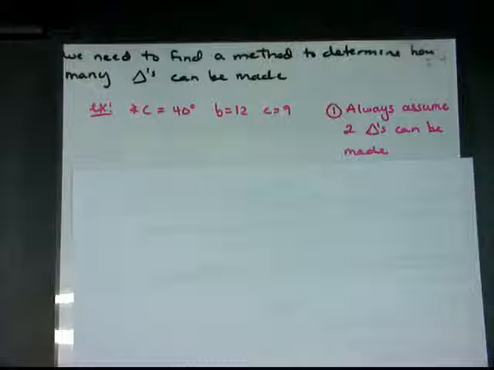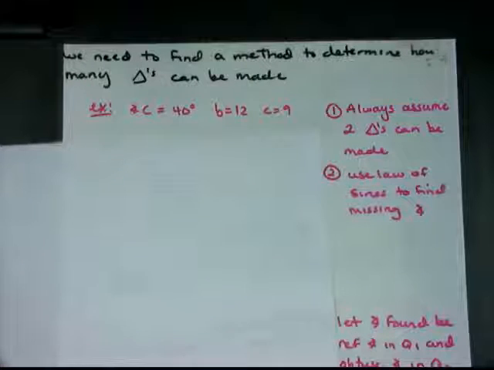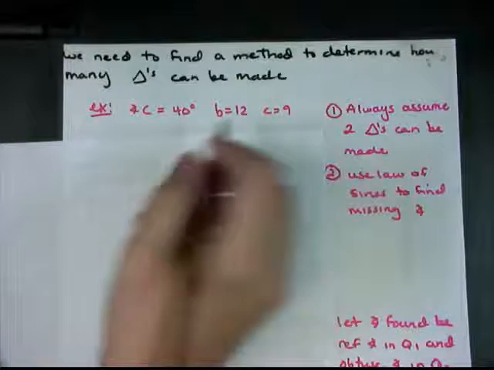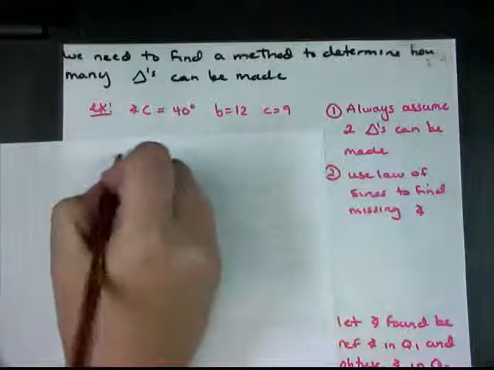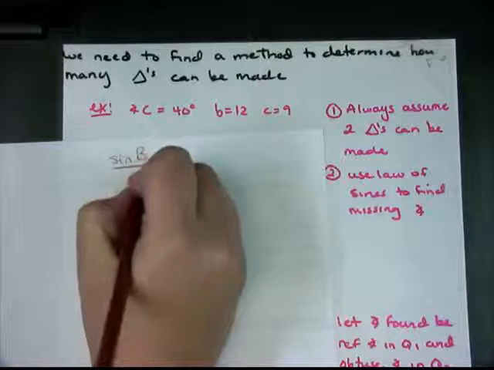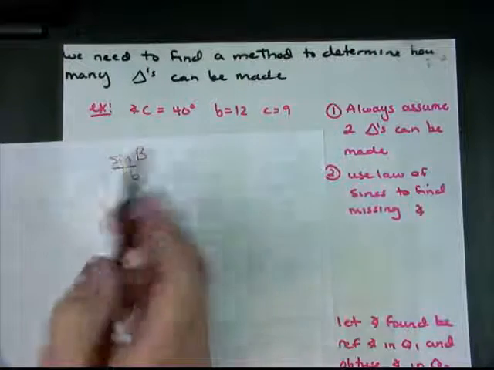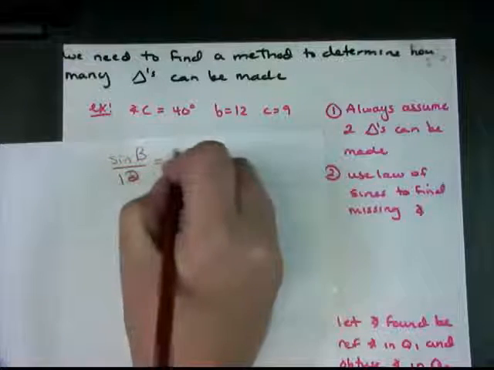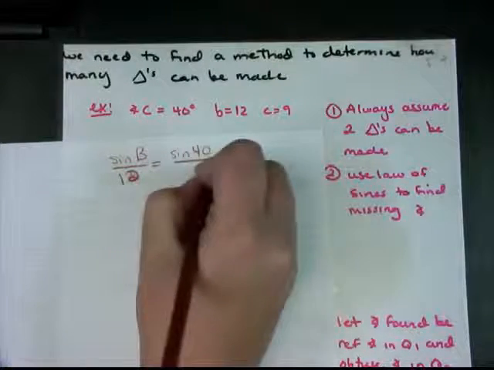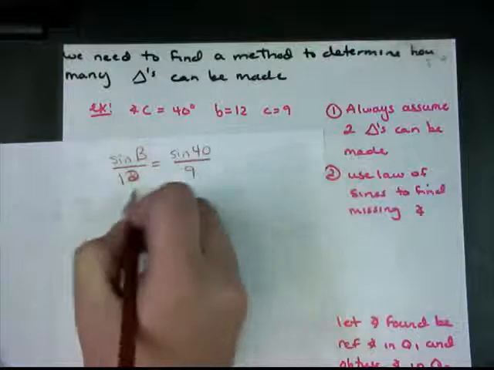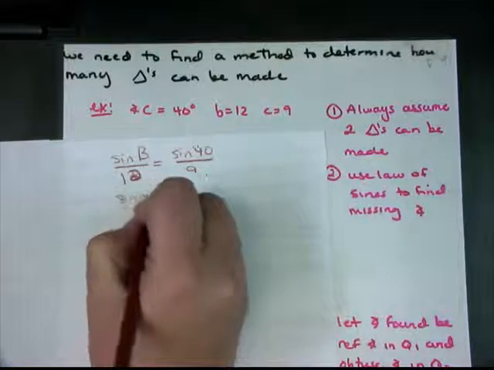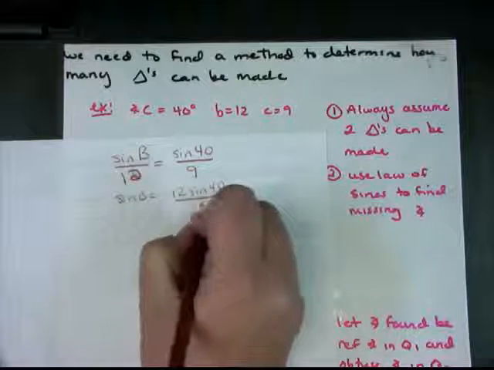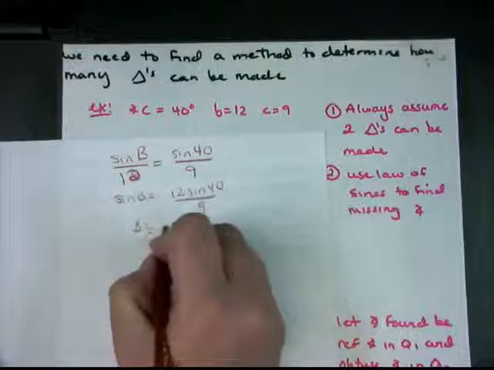All right, and what that means is we're going to set up our law of sines. I have side B, that means I want angle B. So I'm going to put angles on top, and side B is 12. I know angle C, and I know side C. I'm now going to solve this for B, which means I'm going to be doing the inverse.